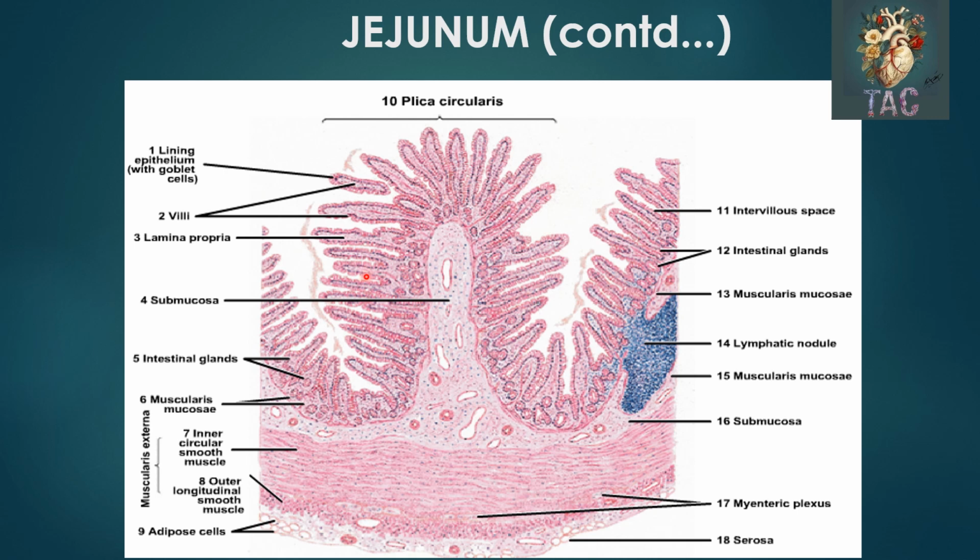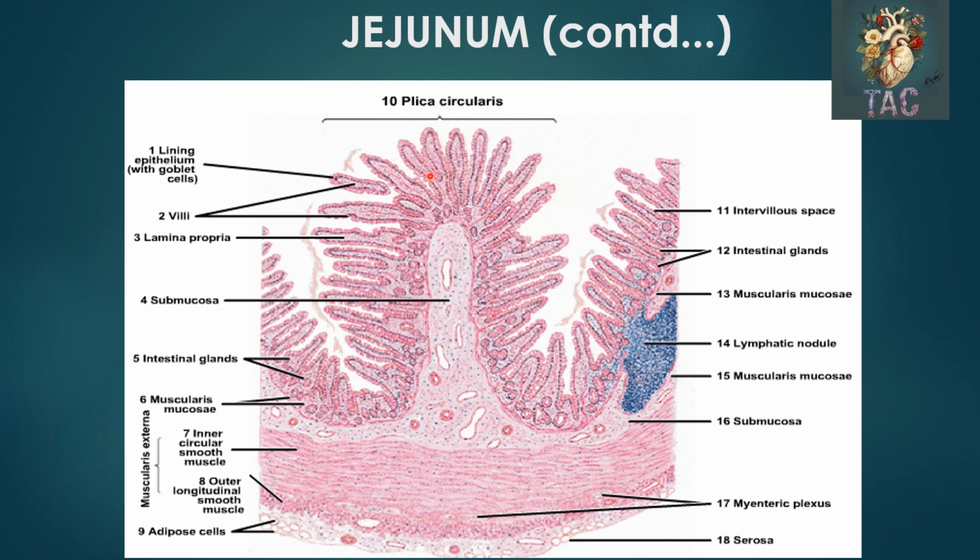So this is the histological diagram, an H&E stained section of the small intestine, that is the jejunum. In this part you can see the plica circularis. This is the fold of the mucosa with the core of the submucosa, and this mucosa consists of the epithelium, the lamina propria and muscularis mucosae. The mucosa again shows some special features, that is, the surface shows elevations.